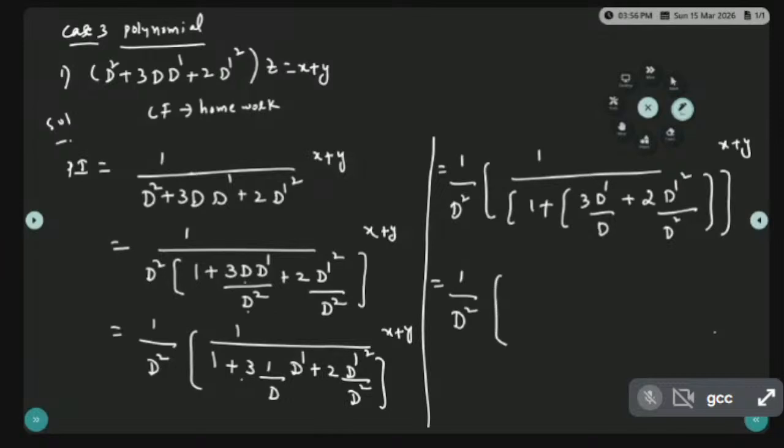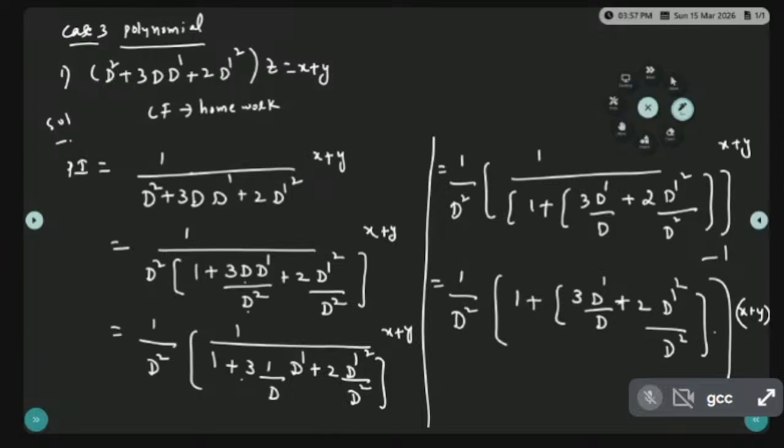Send this denominator to numerator: 1 plus 3D'/D plus 2D'²/D², whole inverse, into x plus y. Then how to apply the binomial, where to stop, I will tell you. Note this. Next steps I will explain.